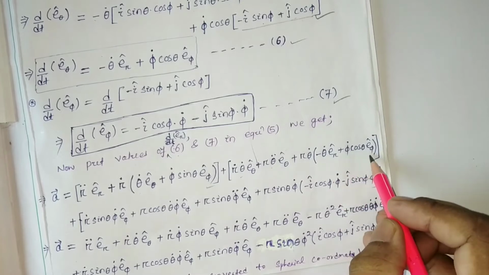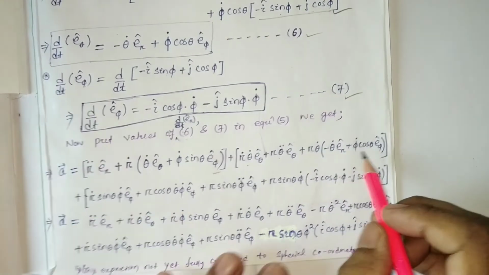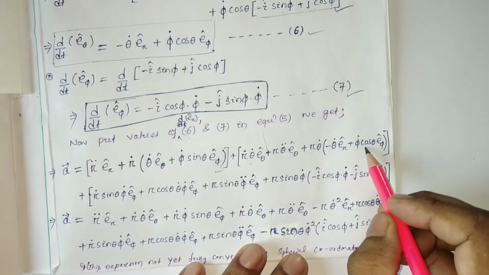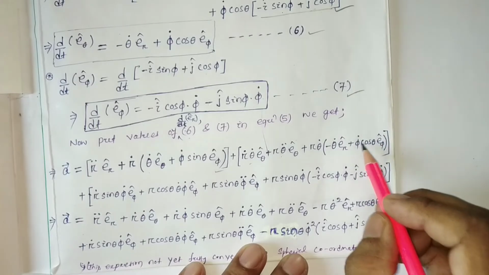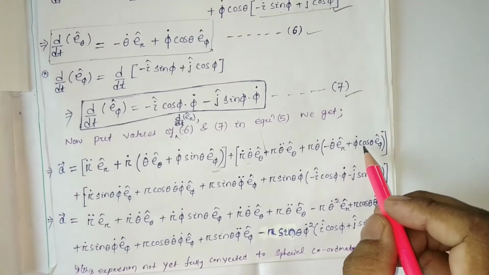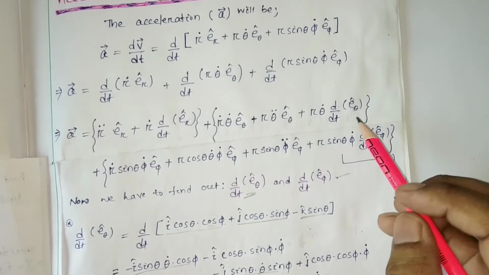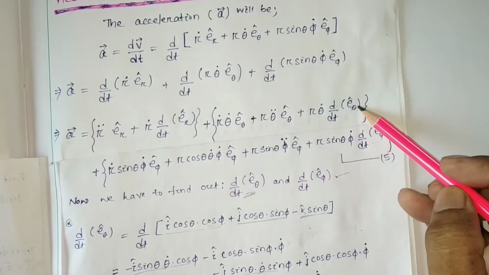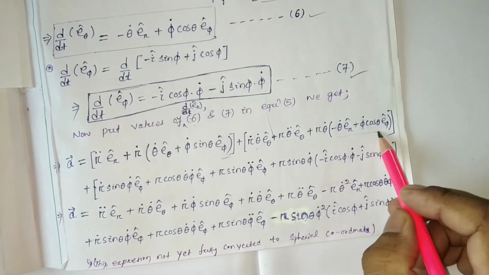Written over here. So carefully you have to write all the terms: minus theta dot er cap plus phi dot cos theta e phi cap. d by dt of e theta cap we have written over here.